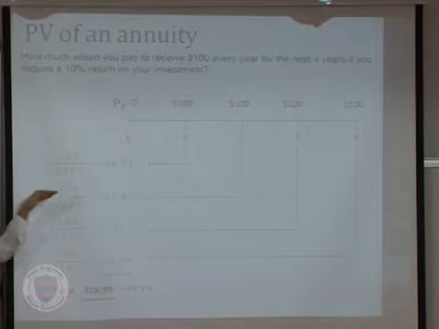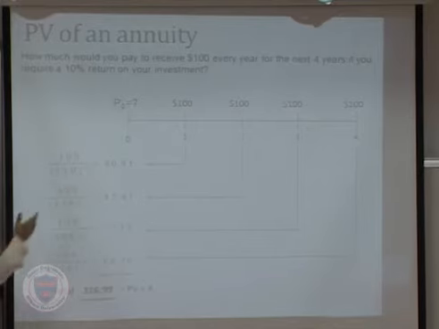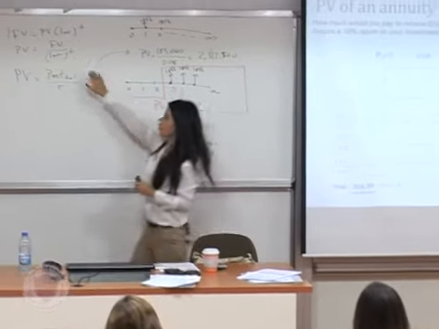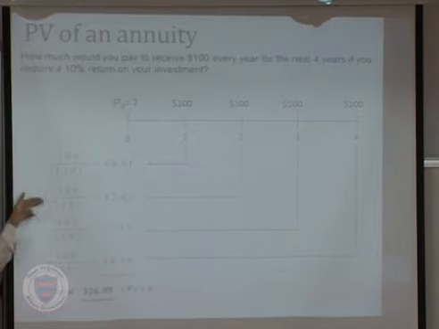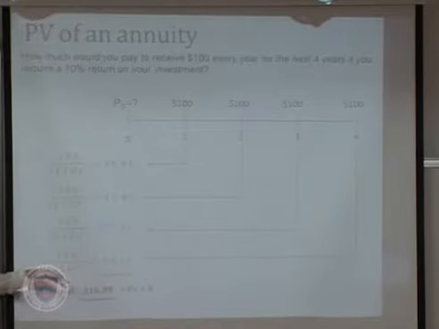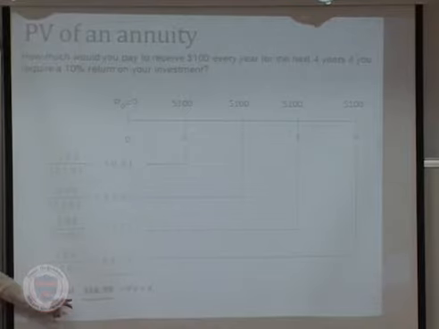So you're calculating the present value of all those cash flows at time 0, using this basic formula. They're all $100, but they occur at different times. So you're calculating the present values, you add them up, and you find the value of the annuity, $317.